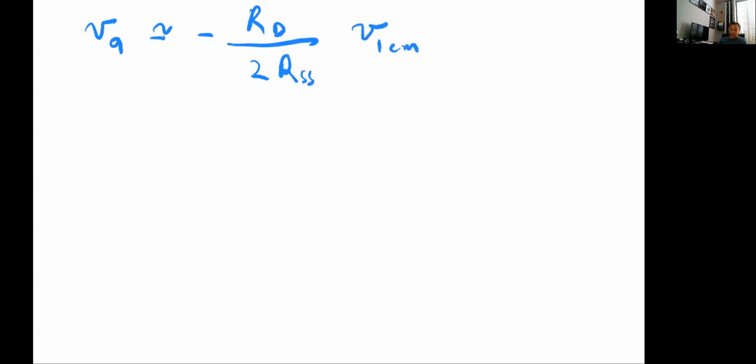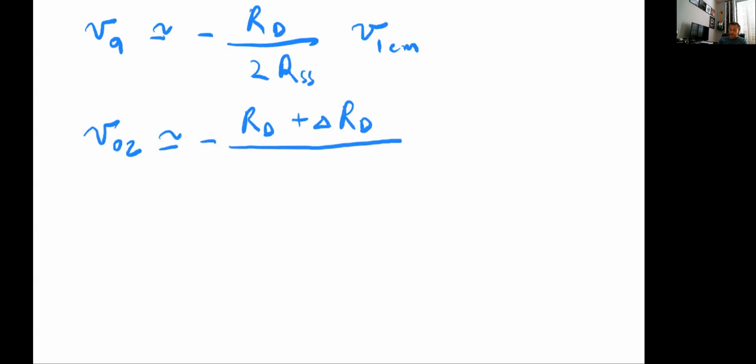That's the first output. And then for the second, we're going to have RD, but we're going to add some delta because they are not matched. So we're going to allocate the delta to the second RD.